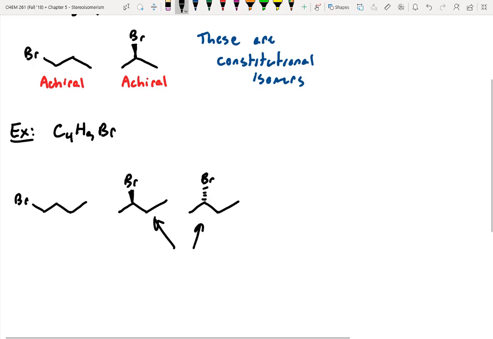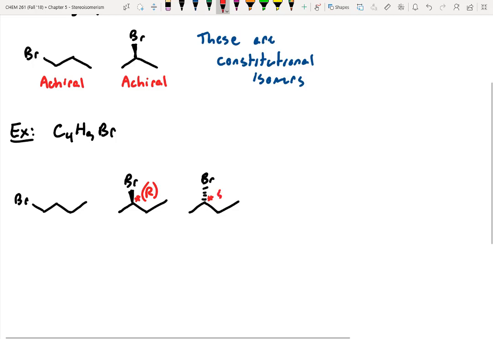Let's double check. Do they have the same name? They're both 2-bromobutane, but we need to designate their stereocenters. The one on the left, is that R or S? R. The one over here must be what then?